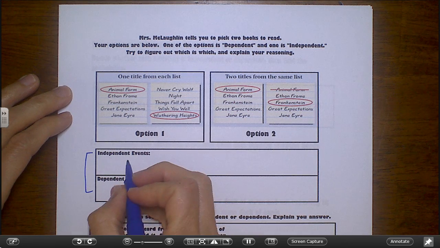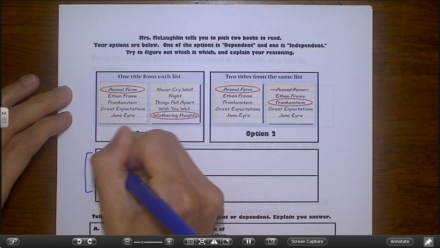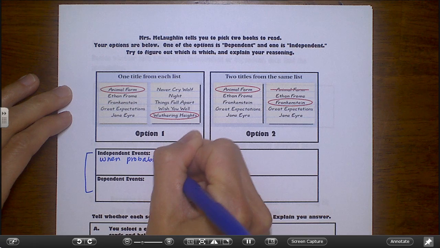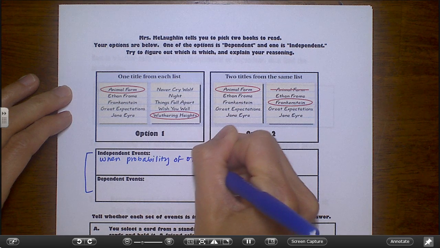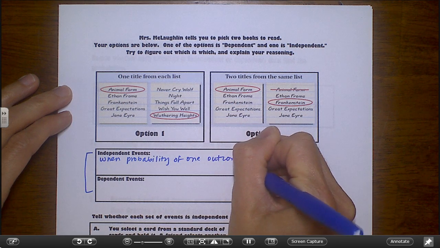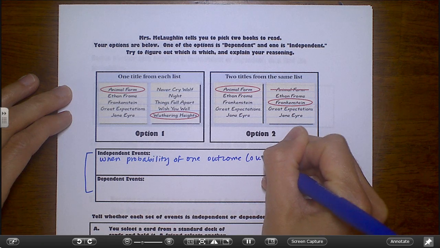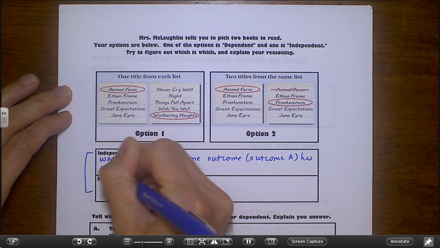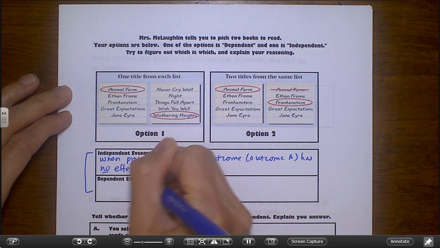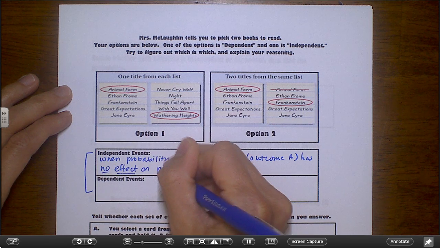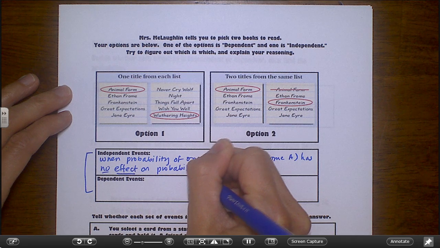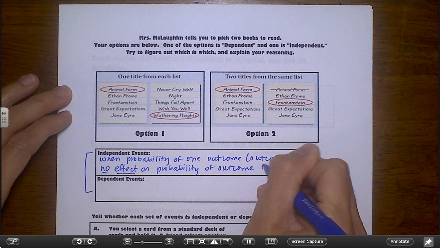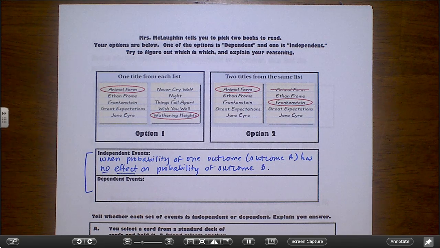So independent events is when the probability of one outcome, outcome A, let's do that, the probability of outcome A has no effect on the probability of outcome B. Okay, that's independent events.